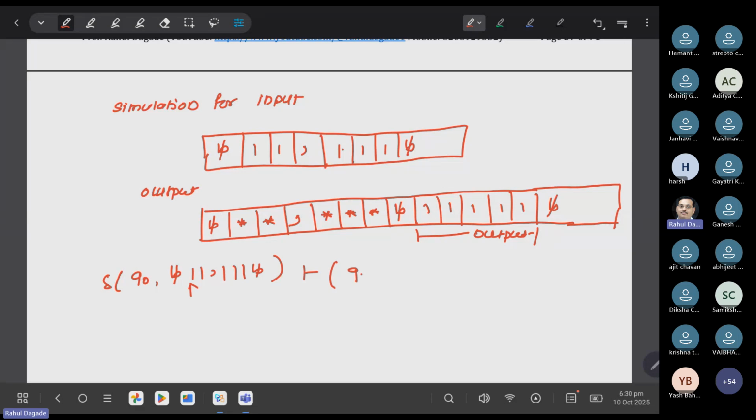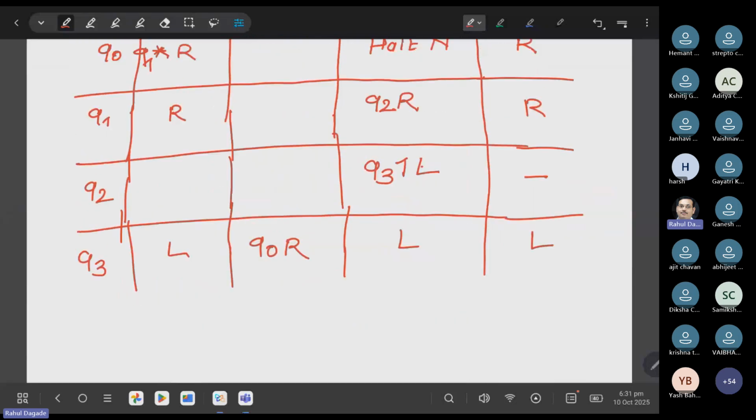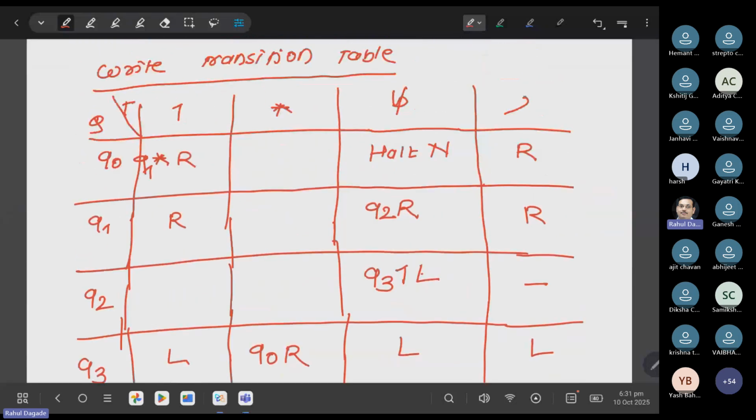So Q0 on 1, what is it doing? Q0 on 1 goes to the Q1 state, converting that 1 into star and moving to the right.